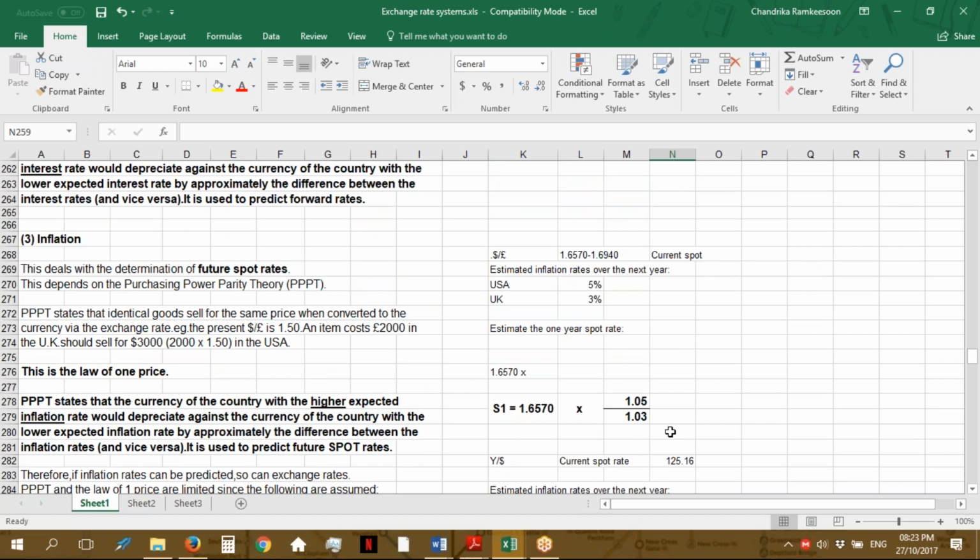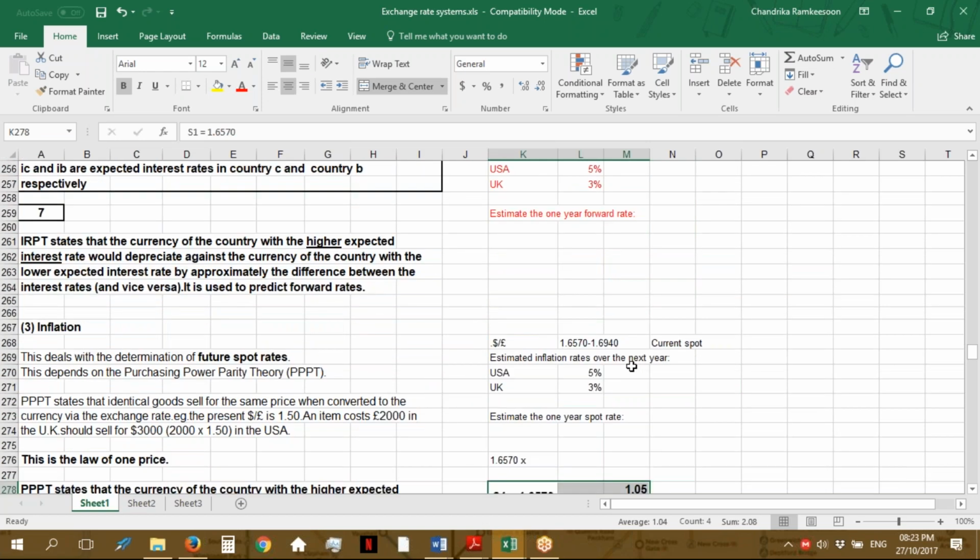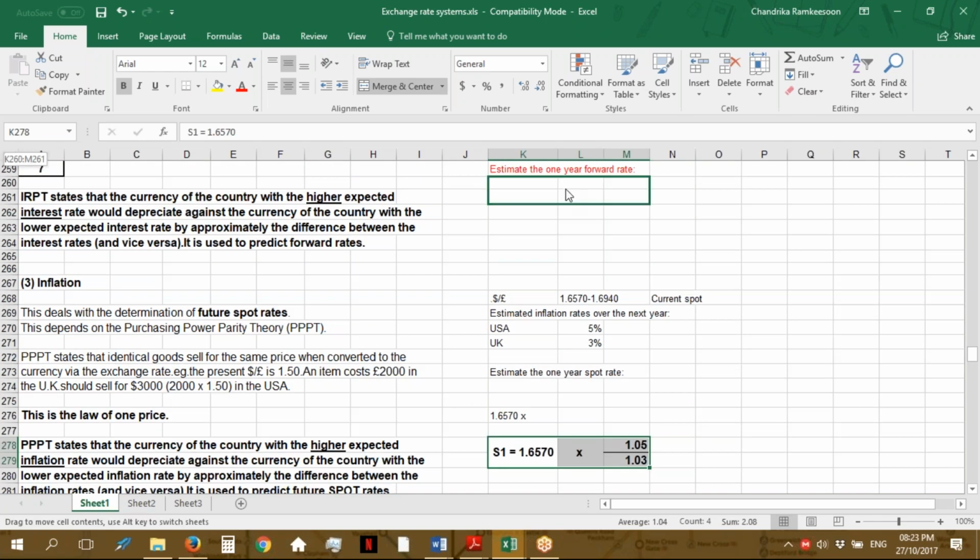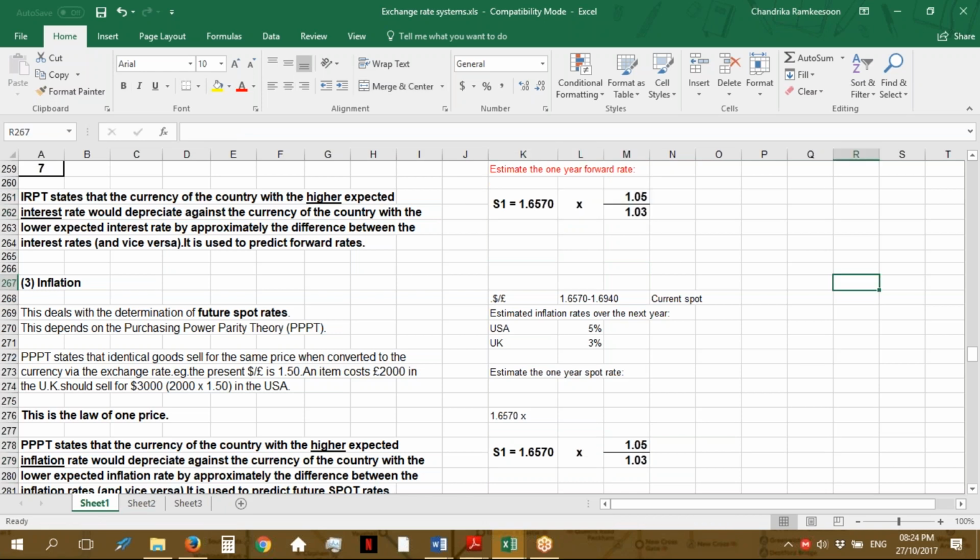Same thing. So if, for example, I borrow this. This, of course, is interest rate, and this is what we guess will be the forward rate.